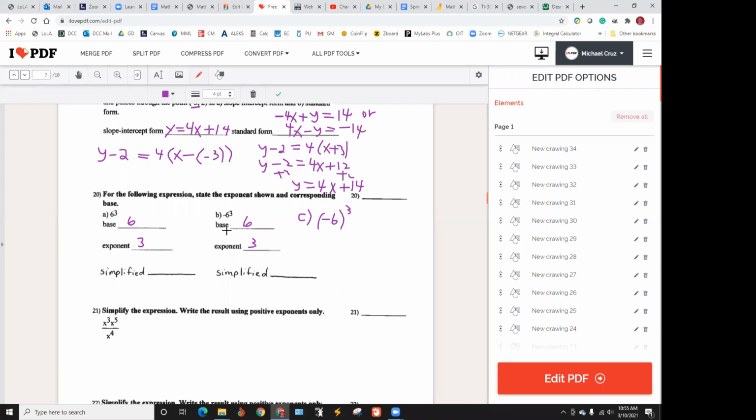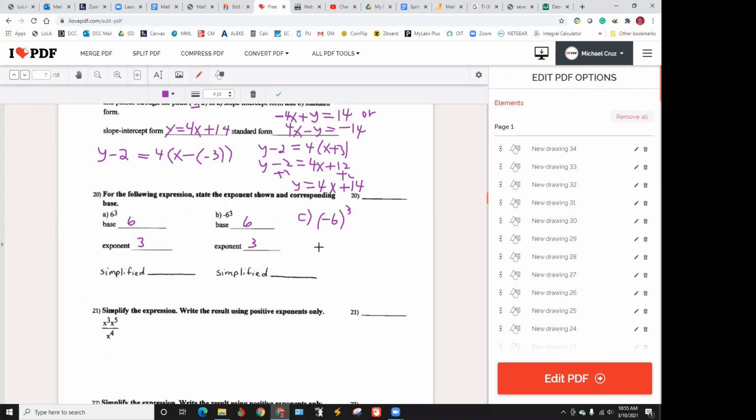But in this case over here, it was just the 6, because the exponent only affects, it's only an exponent for that in which it's touching. Its base is only that thing it's touching. So in both of these cases, the only thing to be touched is a 6. In this case, the negative just means that whatever that value comes out, it's going to just be negative.